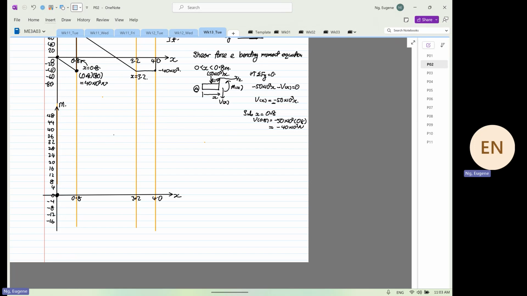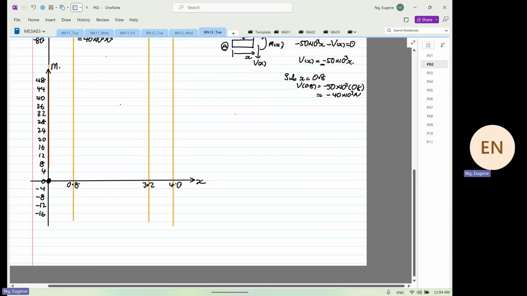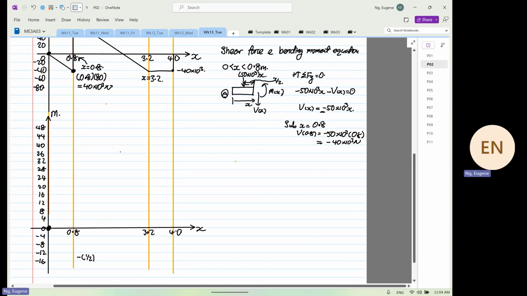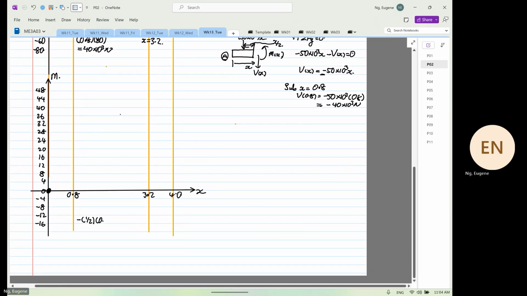So over here, the point at 0.8 is minus half times base times height.